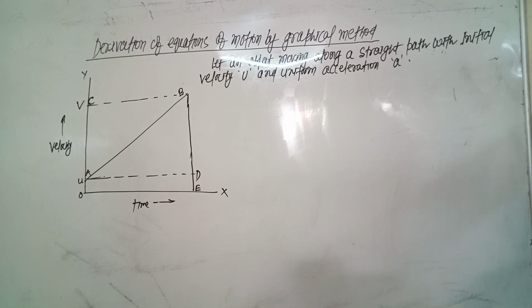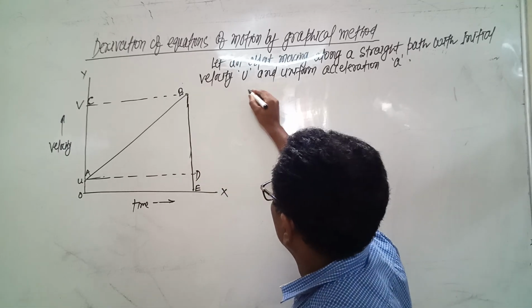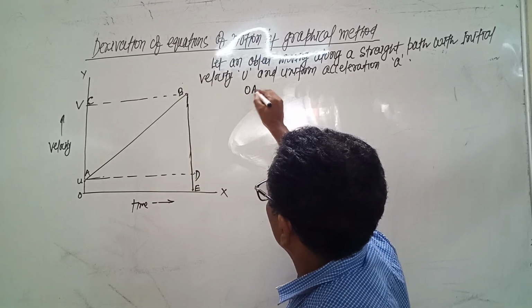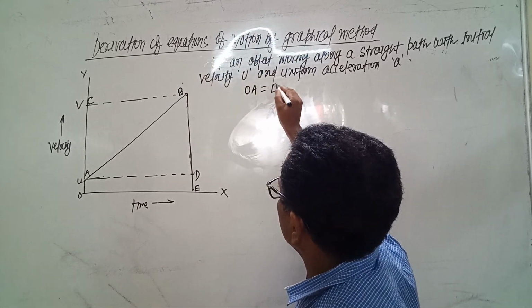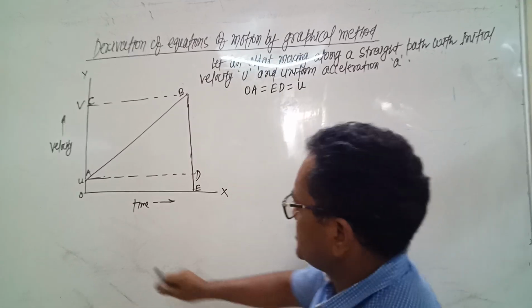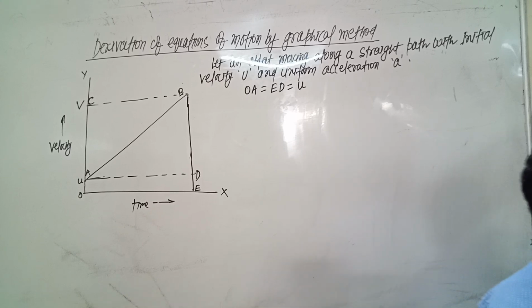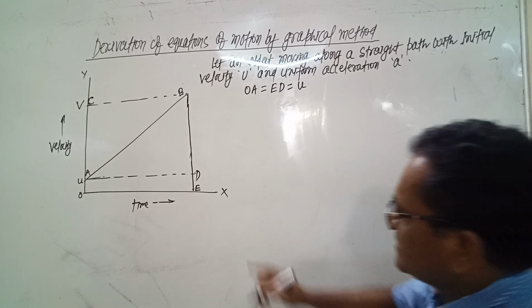So the distance OA is equal to ED, which will remain the same. OA equals ED is given by u, the initial velocity.